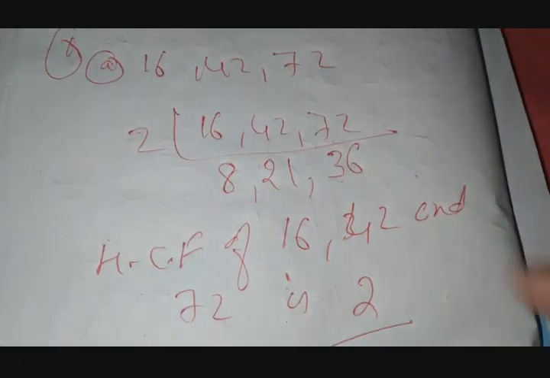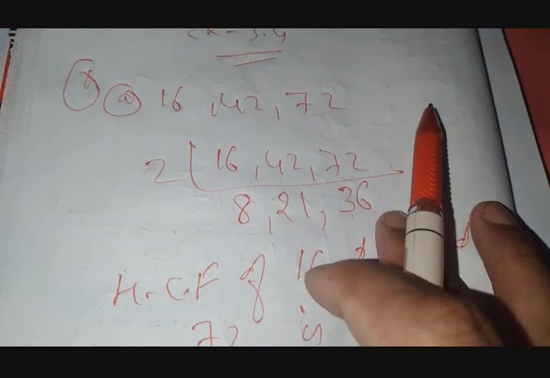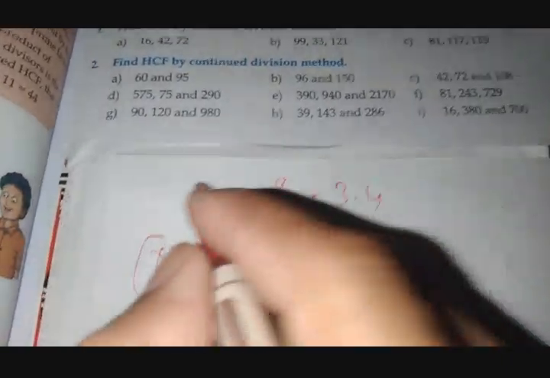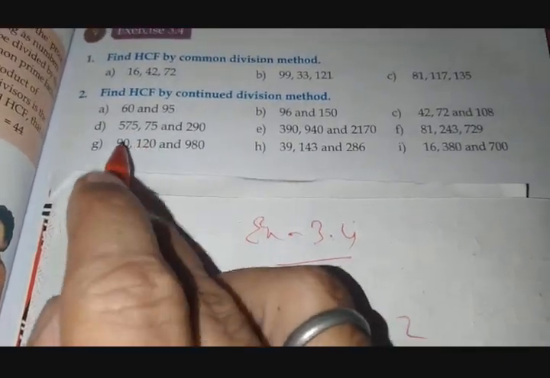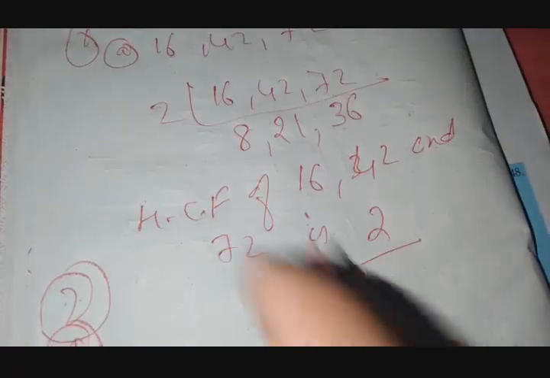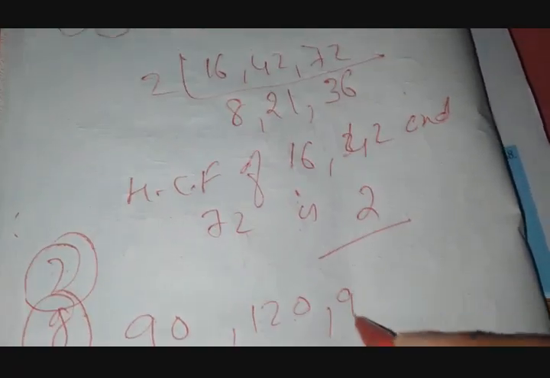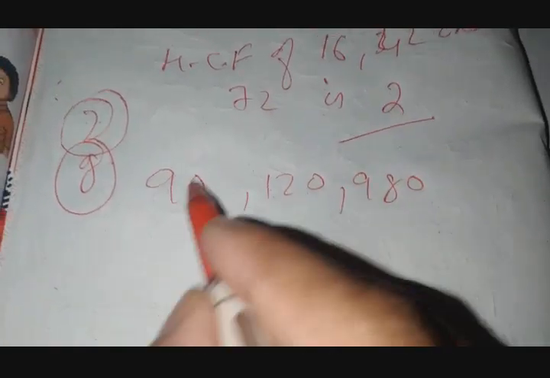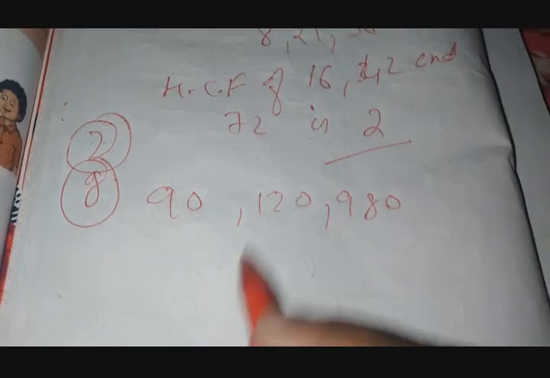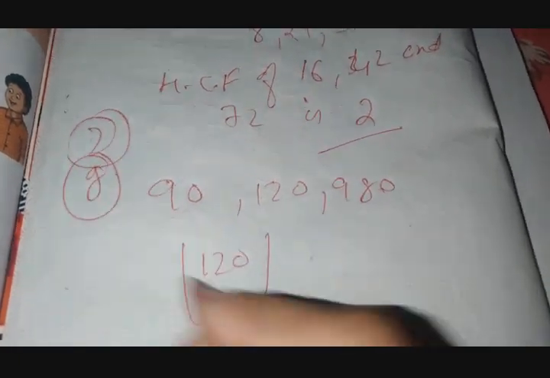So for this we will do number 2. See, 90, 120 and 980. What will we do? First we see which is the smallest, which is the biggest, and which is the middle. So we'll divide the middle number by the smallest number first.